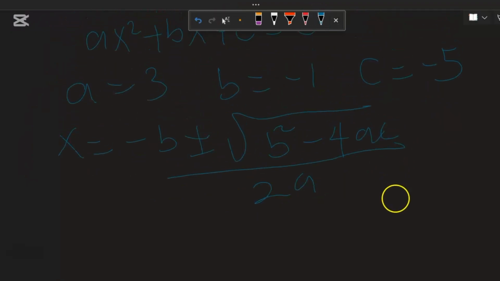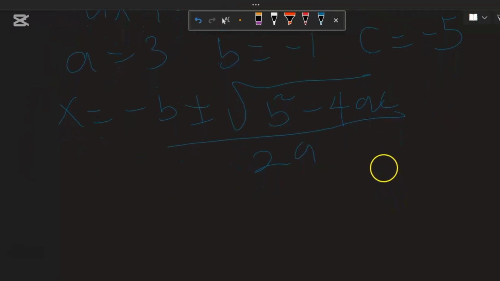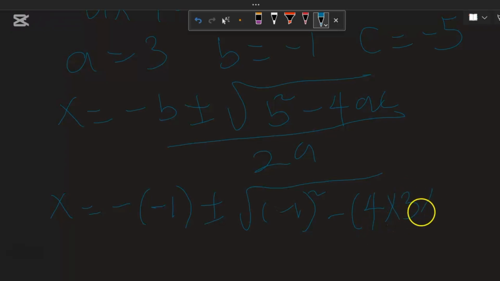The value of a is 3, the value of b is negative 1, and c is negative 5. So x equals negative negative 1, plus or minus the square root of negative 1 squared minus 4 multiplied by 3 multiplied by negative 5, over 2 times 3.